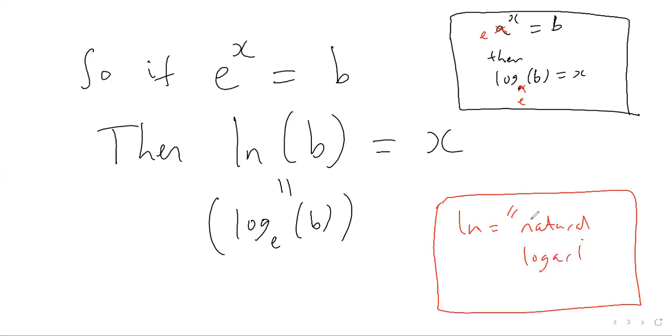The reason why we write ln instead of log base e, you could write that if you want to, but it's just easier to write ln because this is probably the most important logarithm that you'll ever see in maths. In the same way that e to the x is probably the most important exponential function that you'll use in the rest of your maths education. So ln is just used as shorthand for log base e rather than writing out the extra letters.